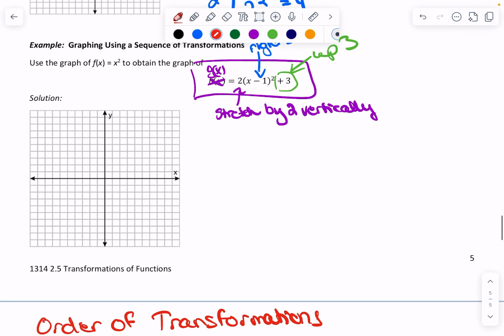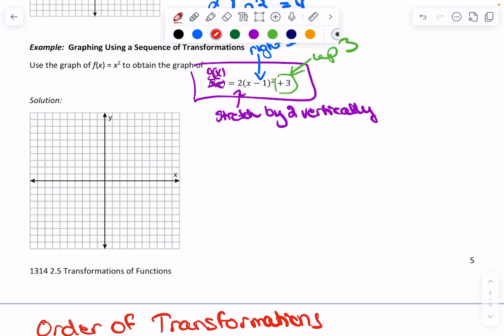Okay, so horizontal shift first. Before we actually do anything, we need to graph the original parent function. We just did it. Hold on, that's not where that goes. 1, 2, 3, 4, right here. Okay, so the original parent function looks somewhat like this.